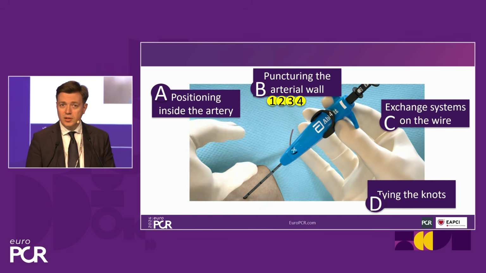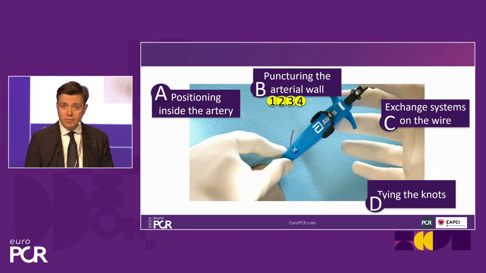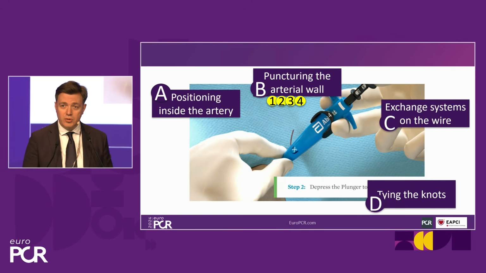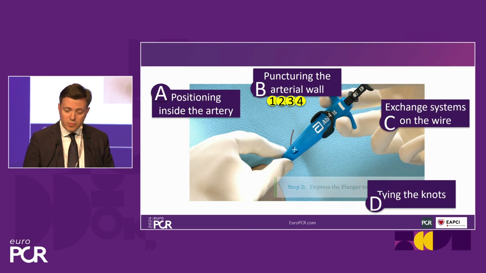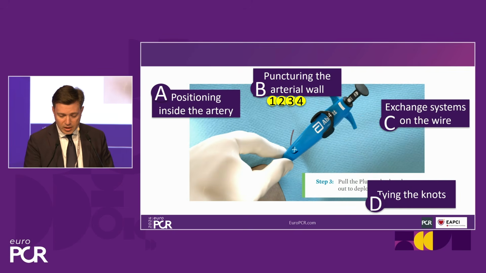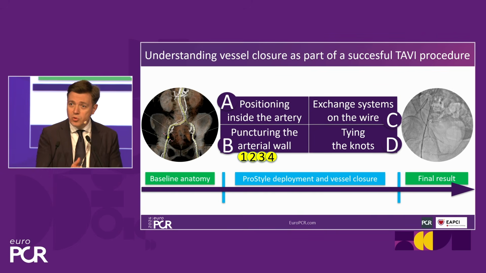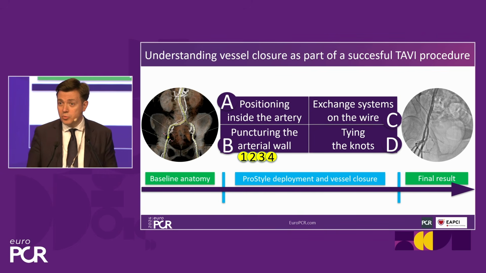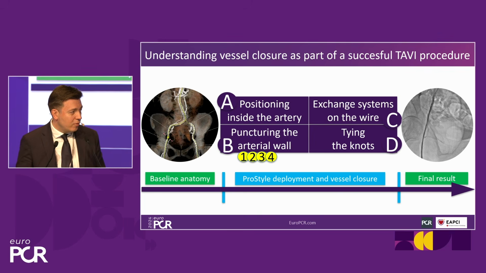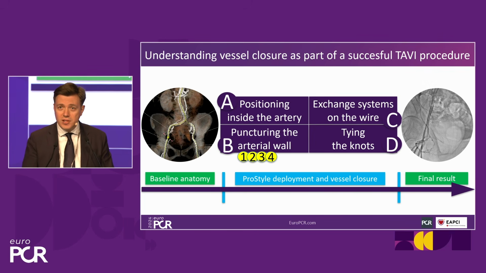After you're done with that, you perform your TAVI or other procedures that require large bores, and then you finish with tying the knots. The question is, is this enough? Is it enough to know these steps that you can actually find on YouTube, quite frankly? Our belief is that it's not enough, and this is why this session has been designed. We think that what's in the middle is very important.